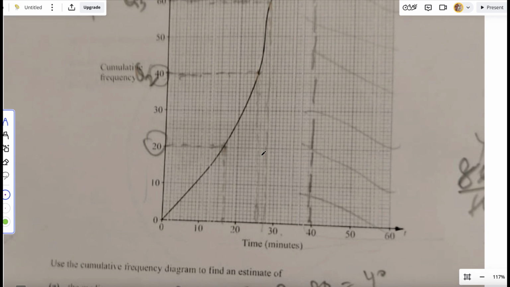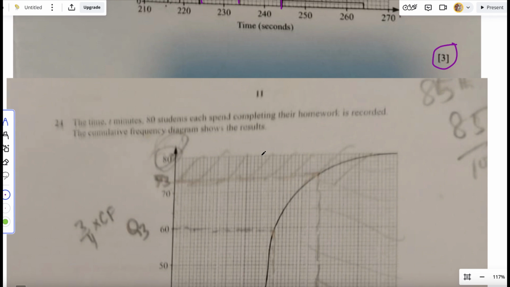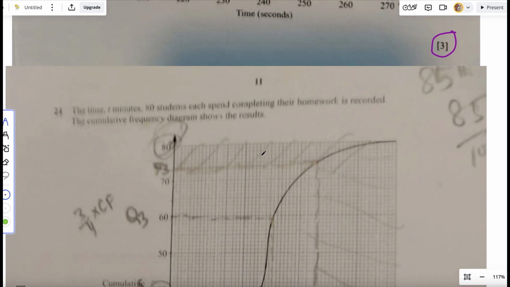Now, to quickly take a look at that, let's read the question. It says the time t minutes 80 students each spent completing their homework is recorded, and the cumulative frequency diagram shows the result.